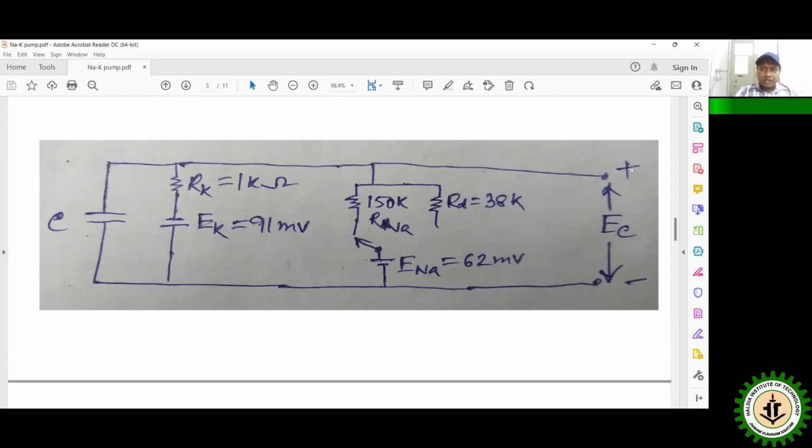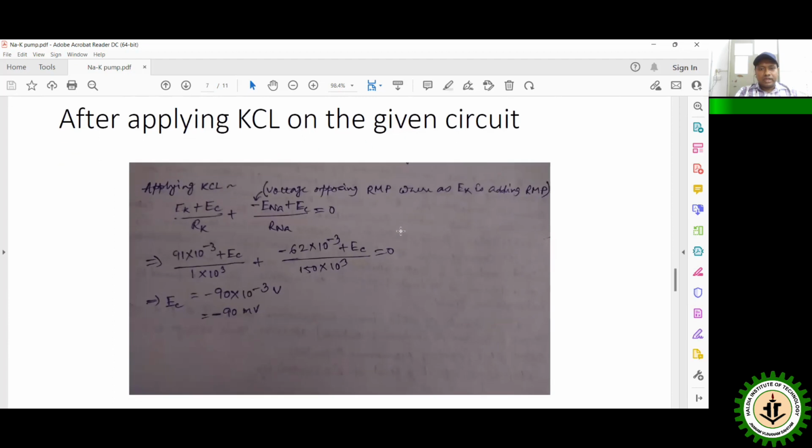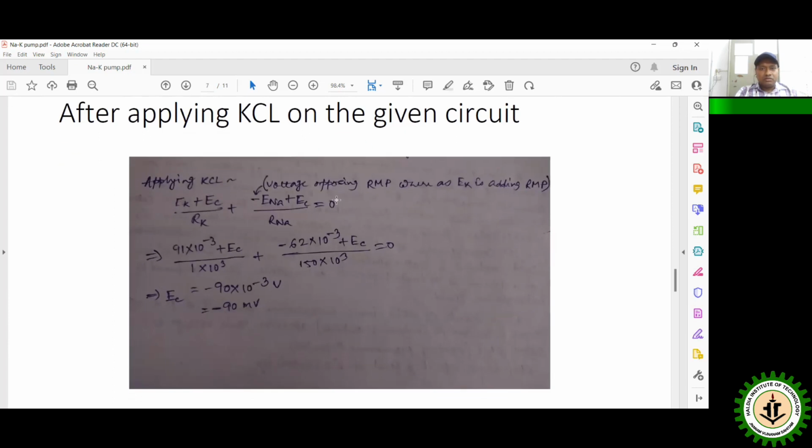We have assumed this is positive, this is negative, and ENA has been applied as negative. So this is minus ENA plus EC divided by RNA, that is, EC minus ENA divided by RNA, which will be equal to 0.